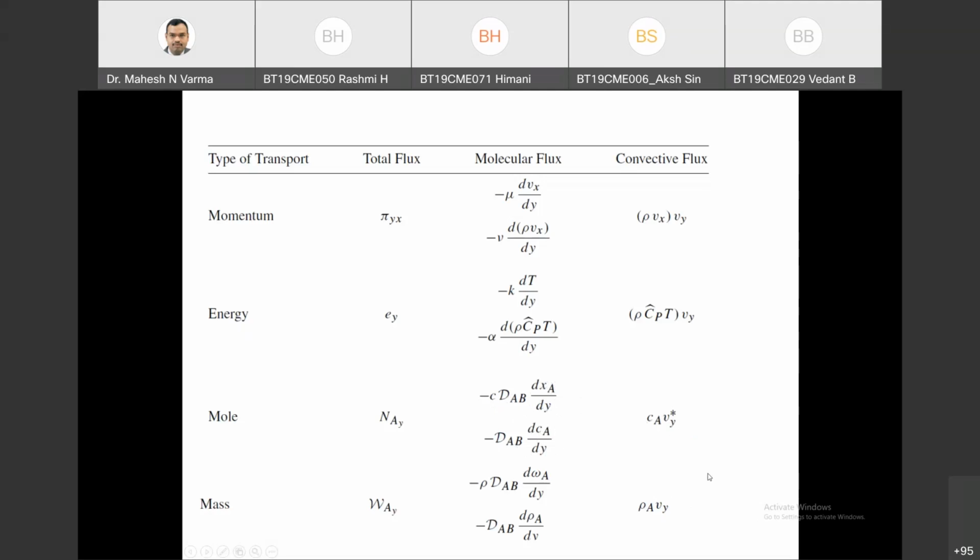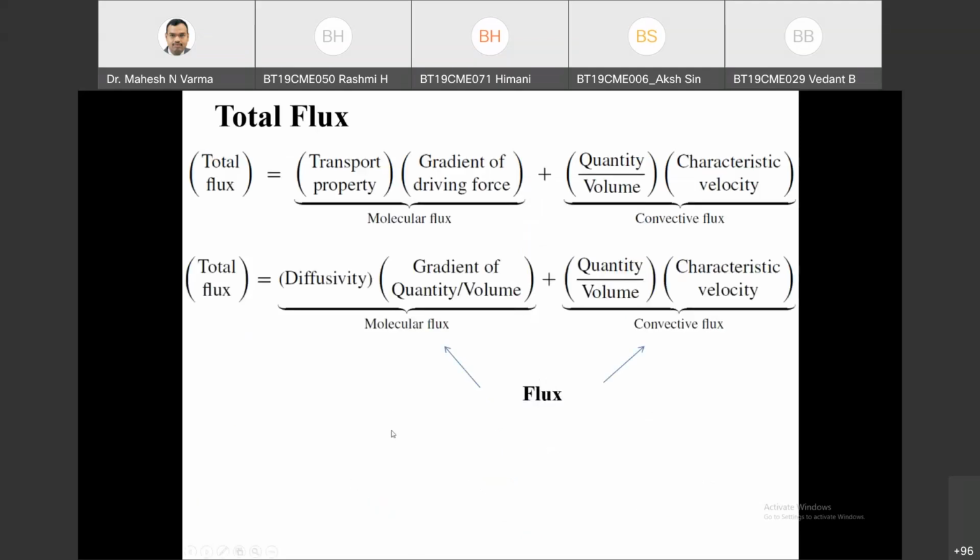Accordingly you can get different fluxes for different areas. Now this is the molecular flux and this is the convective flux.